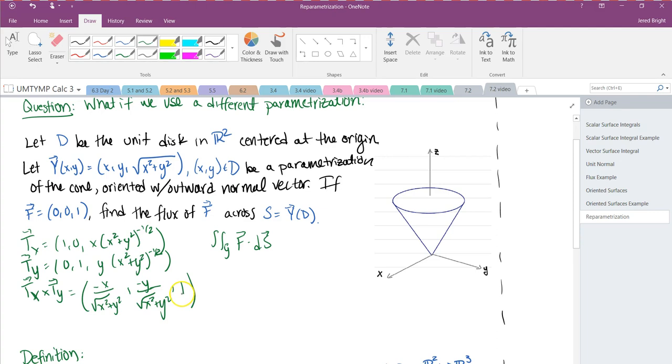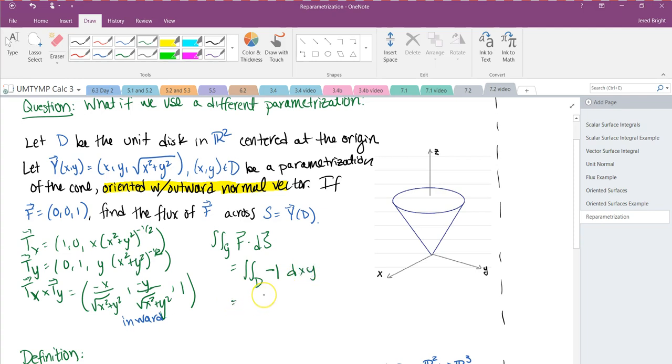It would be just 1, but then we have to remember to check orientation, and we do want this oriented outward. You can verify, if you look at the orientation of this vector, that this is an inward pointing normal vector, and so then when we do this, we just have to account for that opposite sign. So this is going to be the double integral over D of negative 1 dx dy.